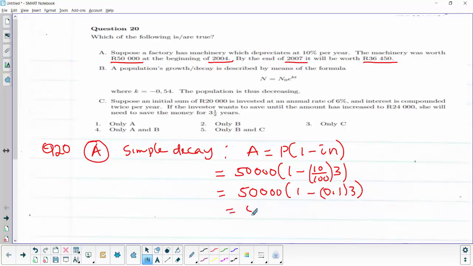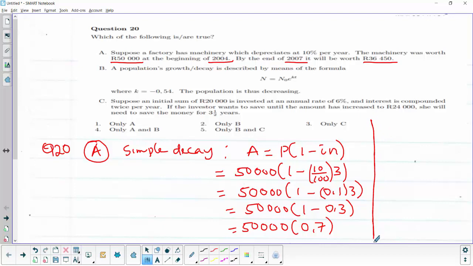So this is going to give us 50,000 into 1 minus 0.3, because when we multiply 0.1 by 3, it gives us 0.3. So this is 50,000 into 0.7, because 1 minus 0.3 is 0.7.